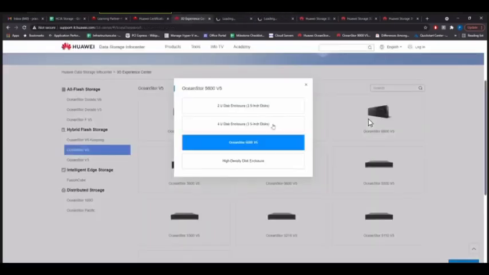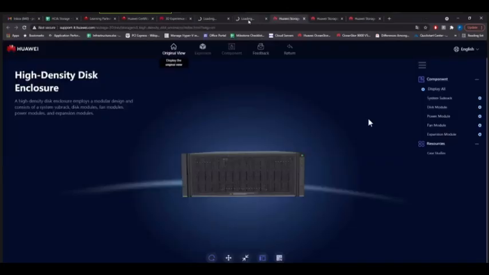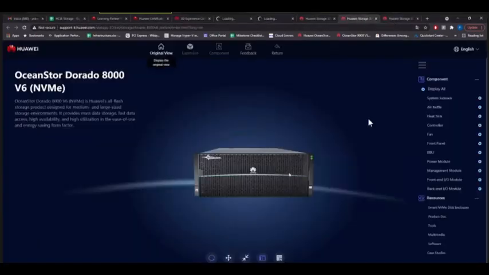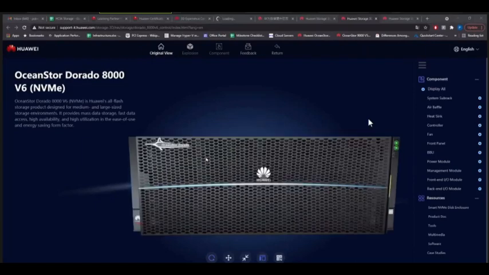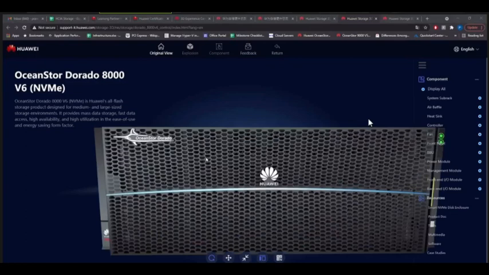Maybe I'll also do a 4U disk enclosure here. Once it finishes loading, you will see the 2U and 4U disk enclosures look exactly the same as the controllers. Only the Dorado will look different, because the Dorado has this fish thing here. It looks like a fish. They say it's a swordfish. Anybody know what a Dorado is?